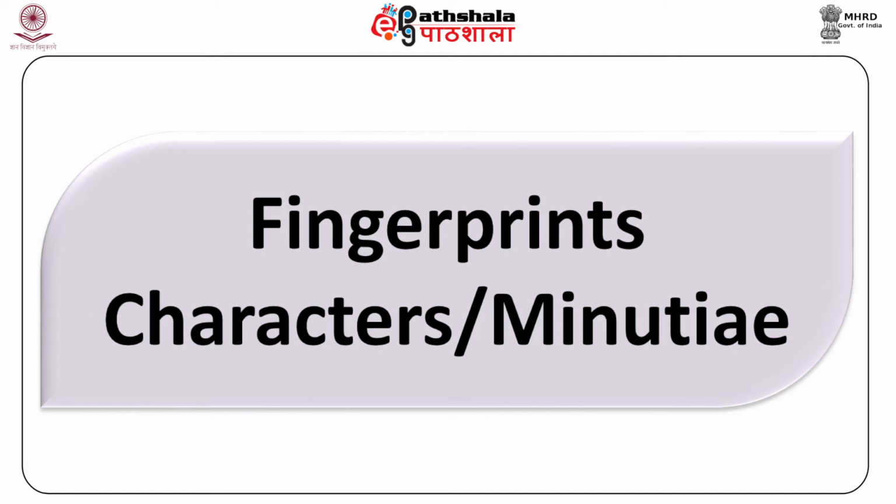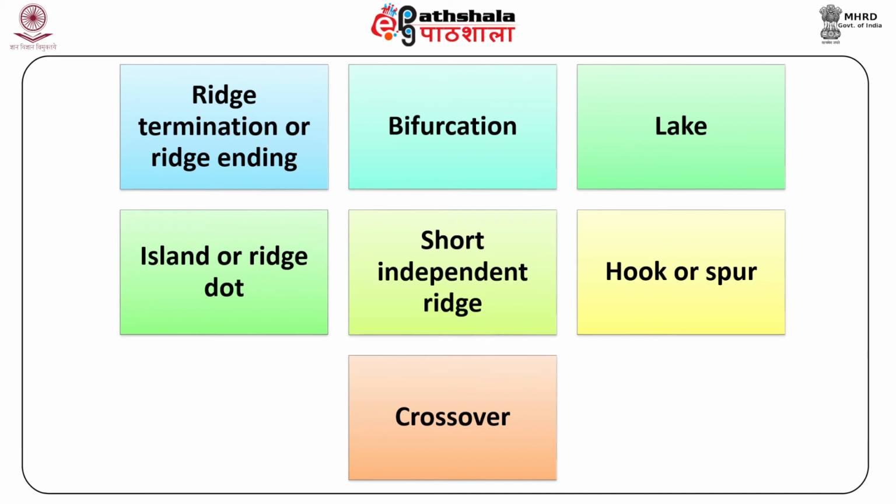The seven common types of fingerprint characteristics are: first is ridge termination or ridge ending, when the ridge flow abruptly ends. Second is bifurcation, when the ridge splits into two, making a Y.